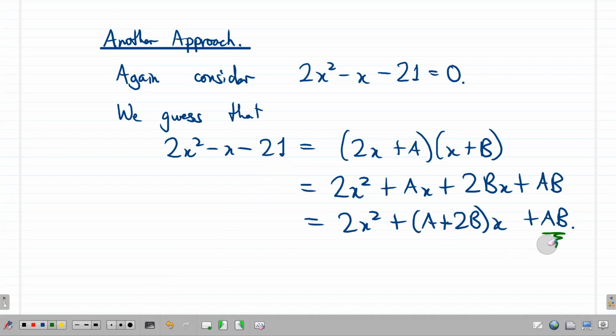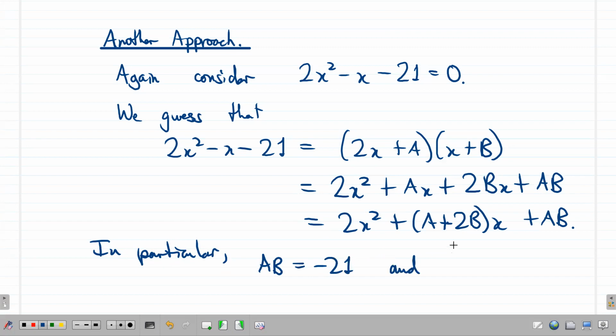And likewise, I know that this coefficient here, A + 2B, has to be equal to minus 1. So that gives me a pair of equations in A and B. Let's write that out. If we equate both sides, AB has to be minus 21, and also A + 2B has to be equal to minus 1.